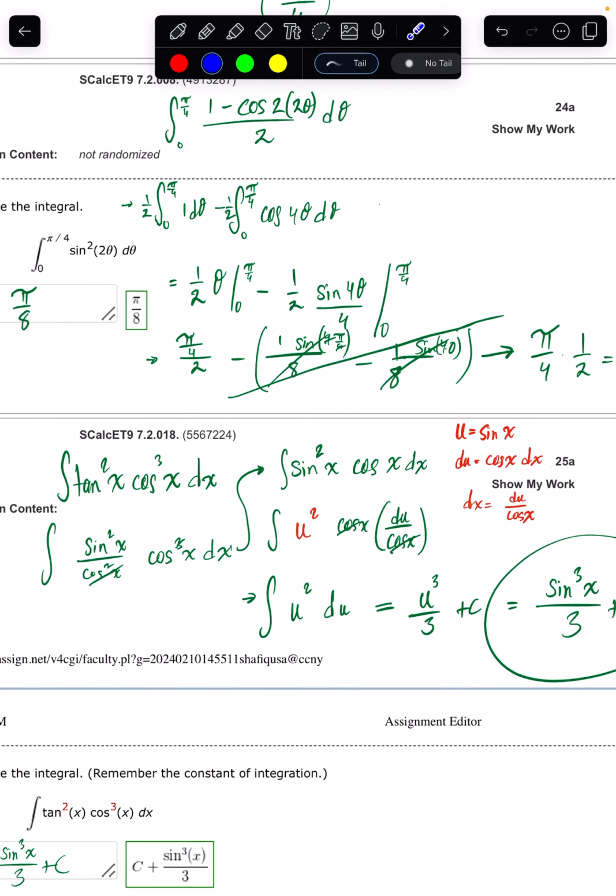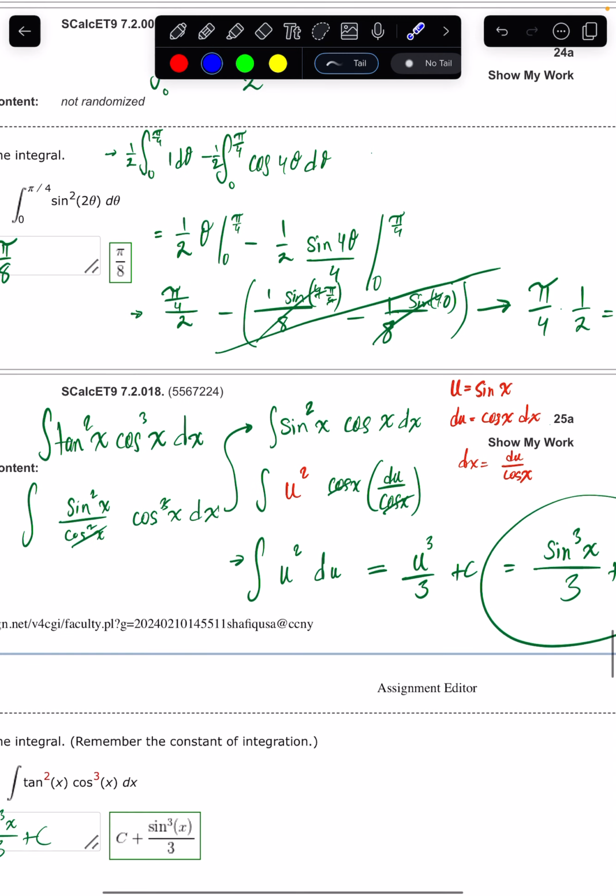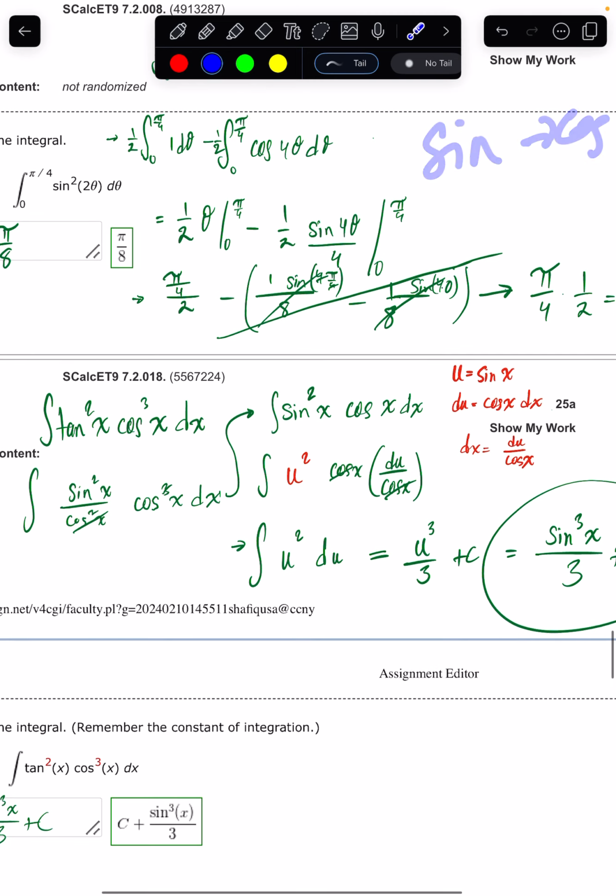And minus the integration of cosine 4 theta is going to be sine 4 theta over 4, because the derivative of sine is cosine, right? Over 4.